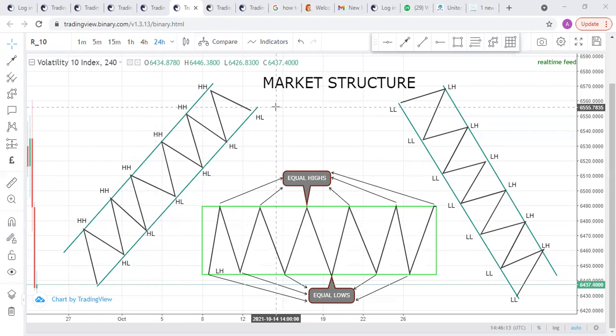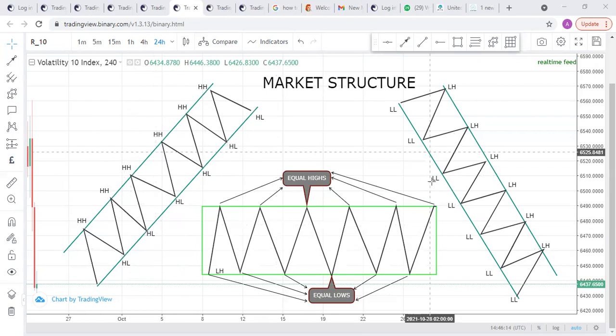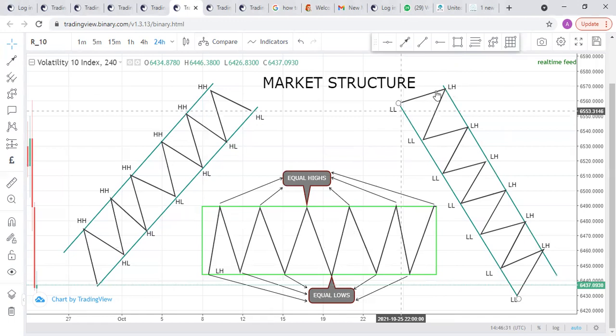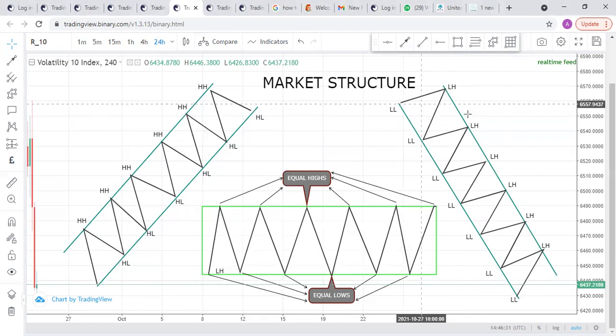Then when you come to your downward trend, the market will be creating, just like the way it came up, the same way it will be making a move to the downward side. The market will be creating a swing high, a swing low, a swing high, a swing low.